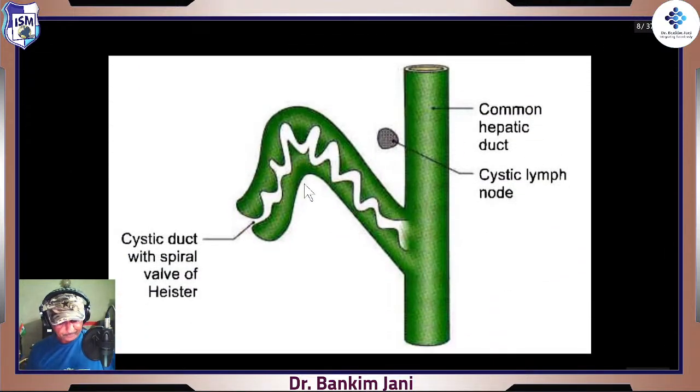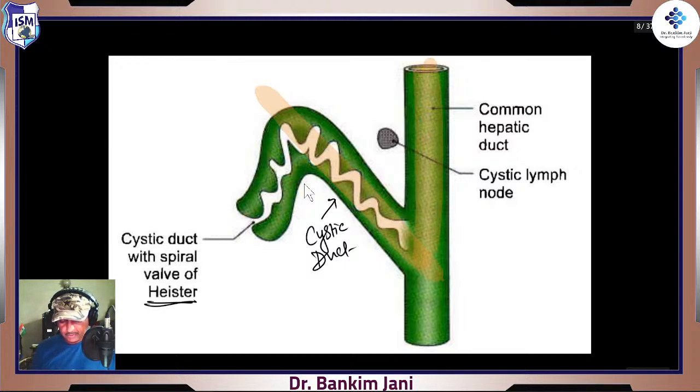Okay, some names: the wall of Heister, right? Actually it is not a wall. Yes, this is the common hepatic duct, and that one is the cystic duct. So this is 1, that is 2, and over here was the liver, and this was forming Calot's triangle, correct?